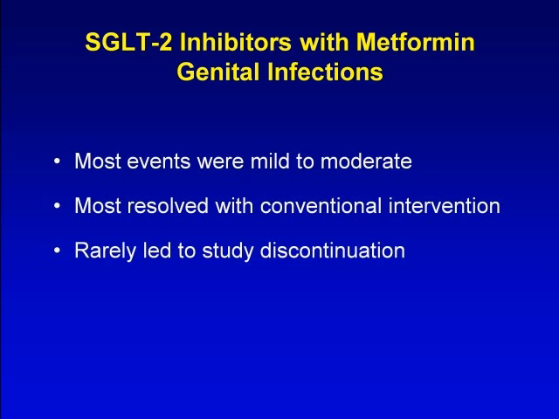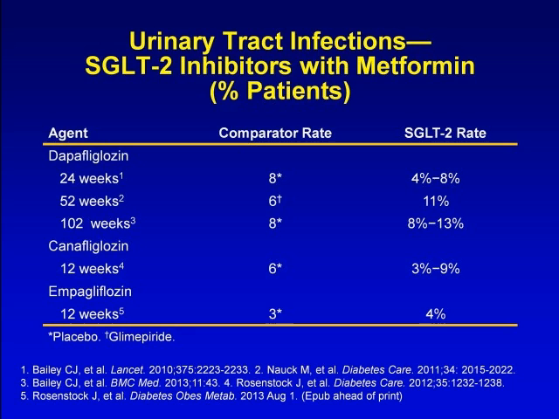A key question, though, is does that lead to an increase in true urinary tract infections, particularly upper urinary tract infections such as pyelonephritis? This slide shows the rate of urinary tract infections in patients treated with SGLT-2 inhibitors in combination with metformin. And the comparators were either placebo or glimepiride, depending on the study.